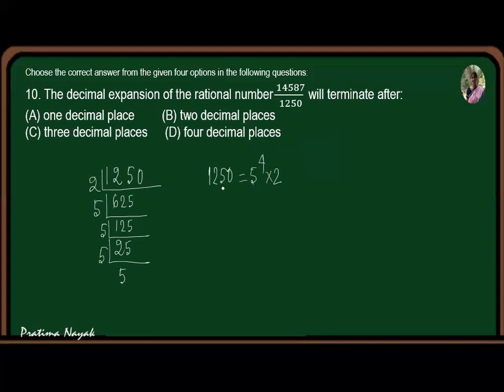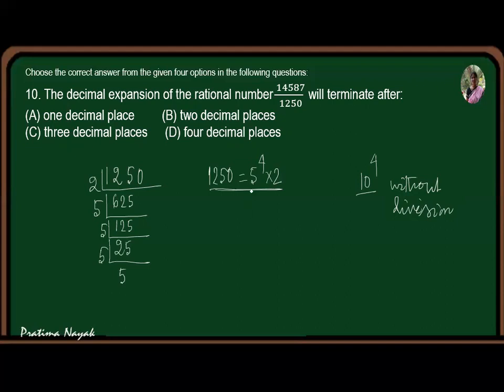So we need 3 more to make 10 to the power 4. Then only it can be converted to decimal without division. What is the procedure? Procedure is see how many maximum 5s or 2s are there, whichever will be more.